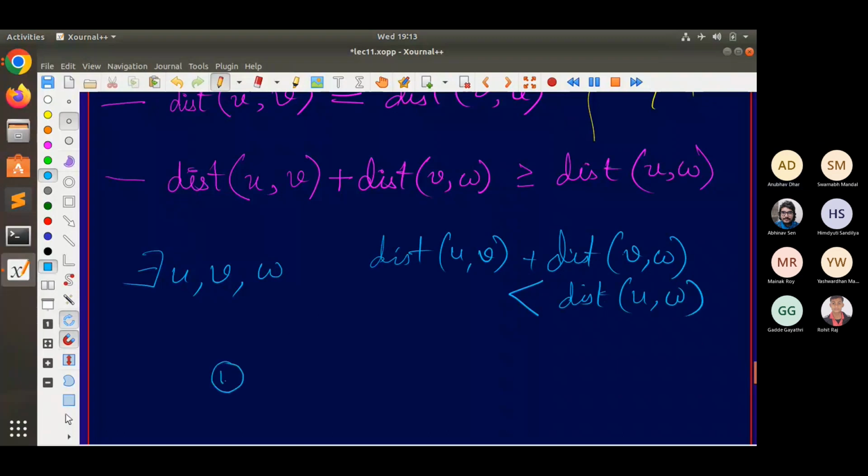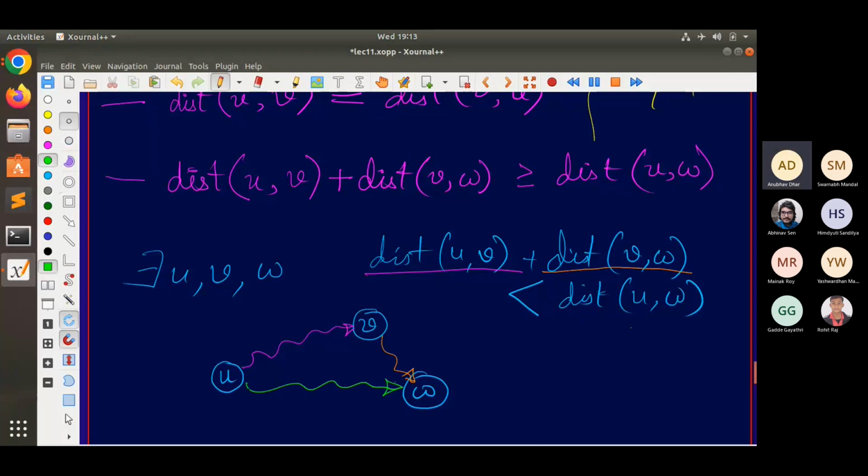So we have u, v, w, and this path has a strictly smaller sum than this path.